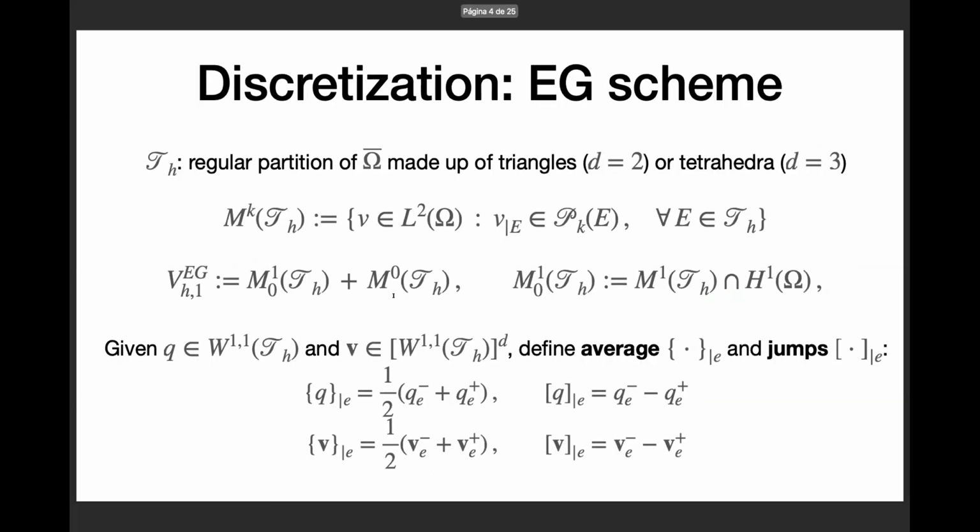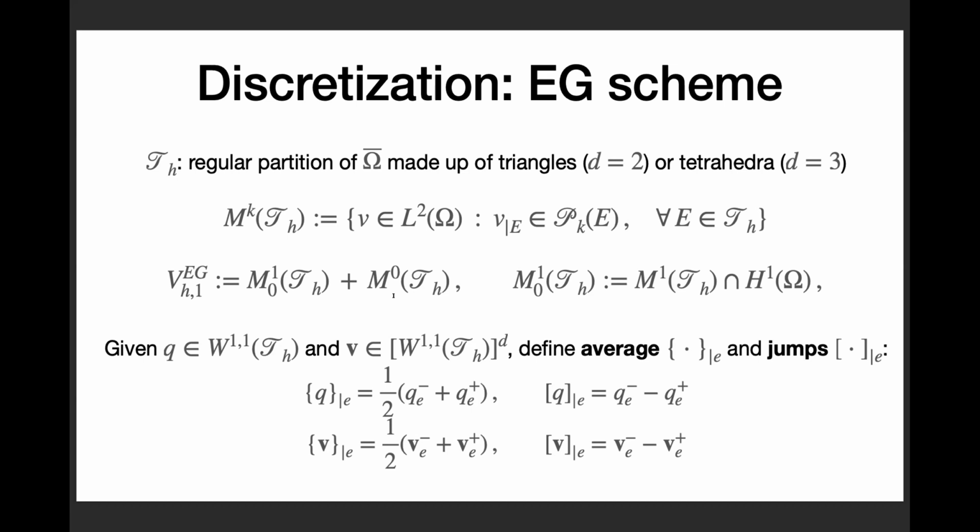So in order to solve the problem in practice, we're going to consider an EG scheme, which is a variant of the discontinuous Galerkin method. For simplicity, we are going to consider a regular partition of Omega made up of triangles in 2D or tetrahedra in 3D, though the method works also on quadrilateral and hexahedral meshes.